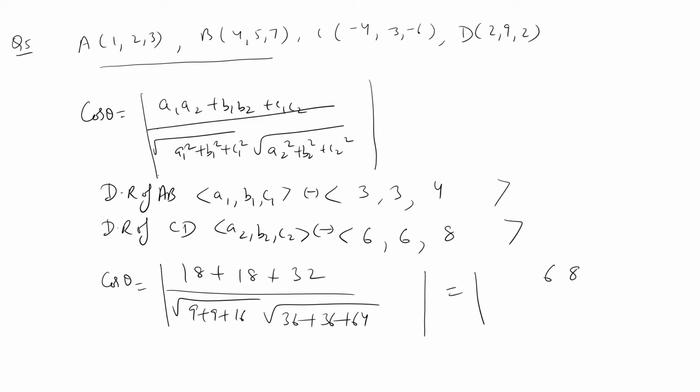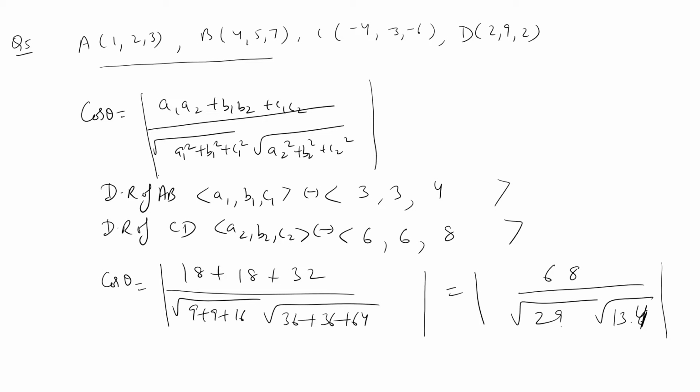I think it is 68 upon root 29, and this is your, what is this? 4 and 134. Okay, so can anybody help me with the calculation? How can we reduce?